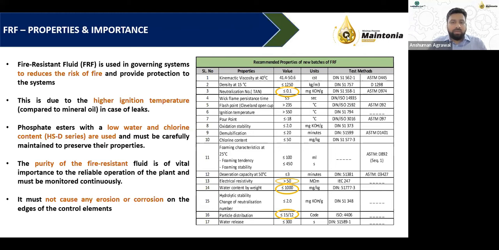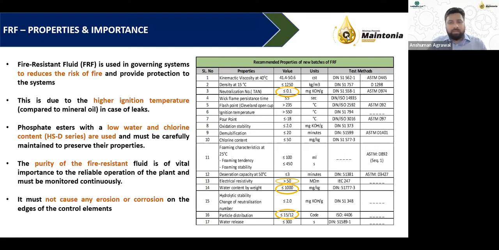If you don't have benchmark values, if you don't understand the importance of these parameters, probably the testing part also goes in vain. So henceforth, let us plan our testing programs in a manner that the values reported during the test are interpreted well.